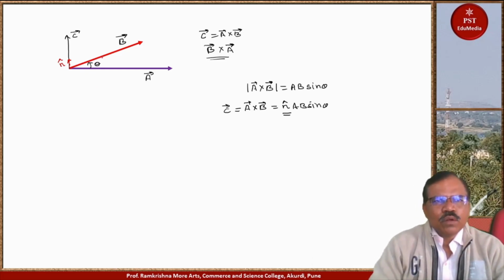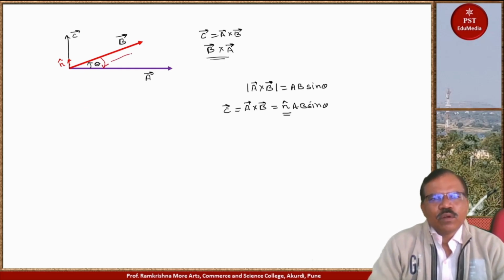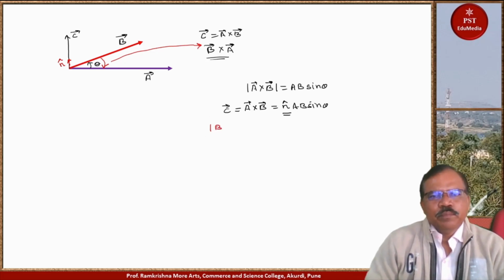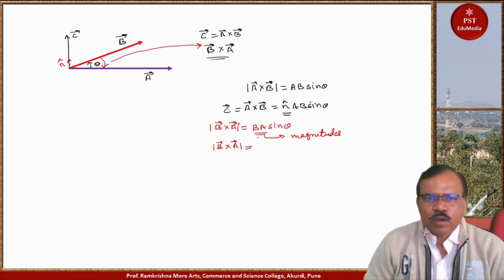But suppose we go clockwise like this. So when we go clockwise, we take B cross A. Now again, if we take the magnitude of B cross A, it is equal to BA sin theta. Now A and B here are magnitudes, so you can write BA is equal to AB, the product of magnitudes.